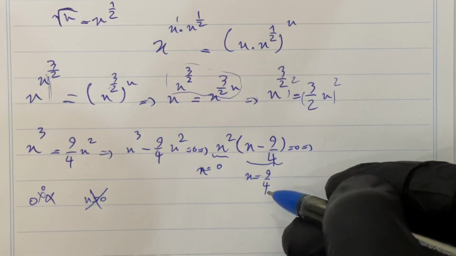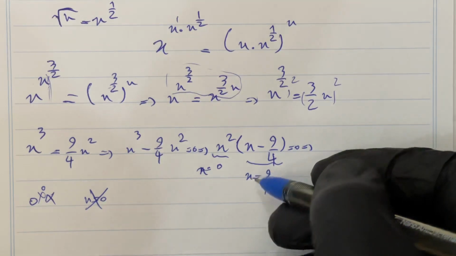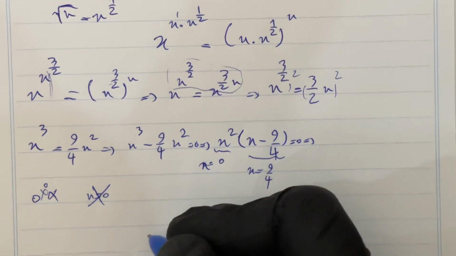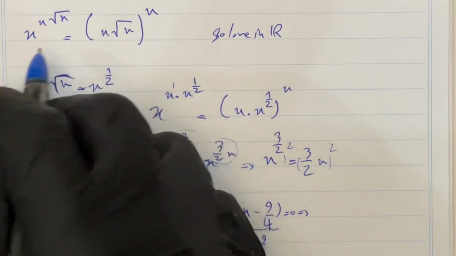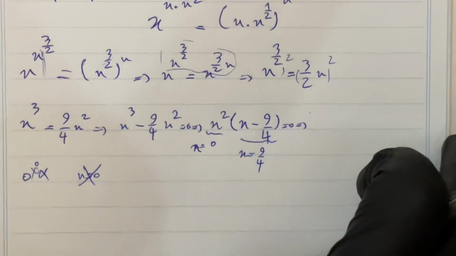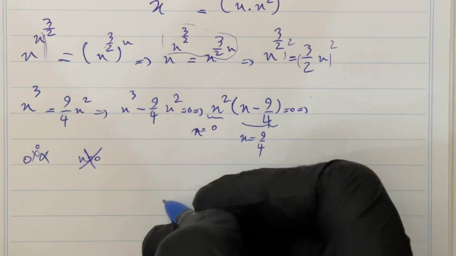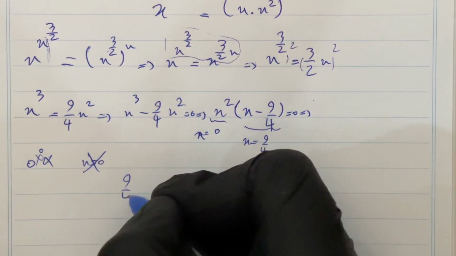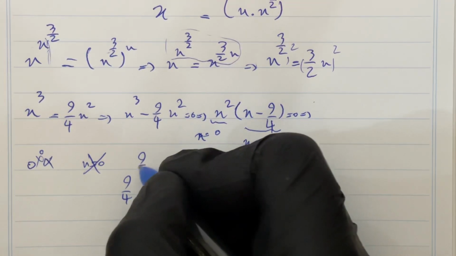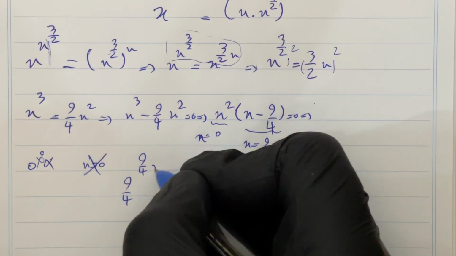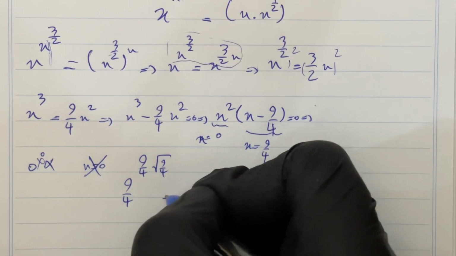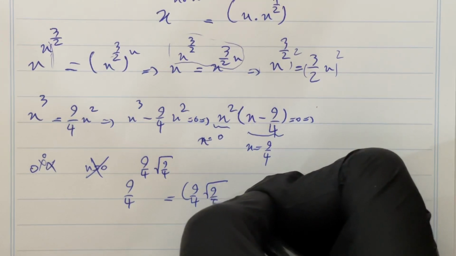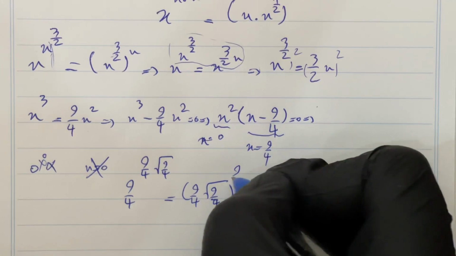But if we substitute x equals 9 over 4 in our main equation, we have 9 over 4 to the power of 9 over 4 times the radical of 9 over 4 equals 9 over 4 times the radical of 9 over 4, to the power of 9 over 4.